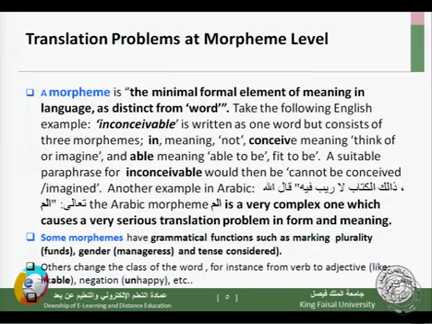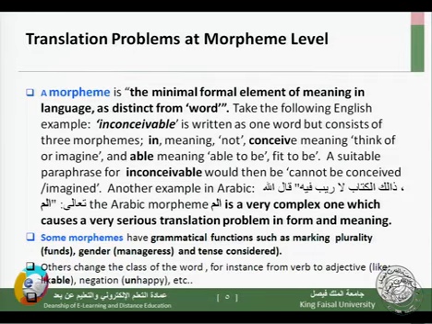So from these examples, we can infer that morphemes have grammatical functions. They are very important. They change the meaning. So you need to be careful when you are translating, and you need to be careful when you are dealing with morphemes.